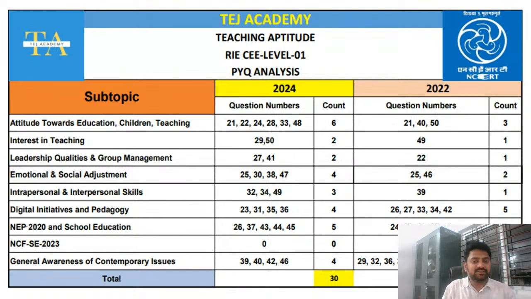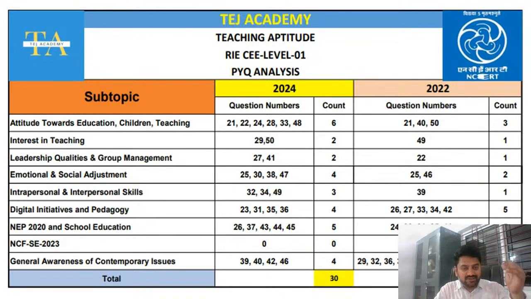You can see on my screen the subtopic list: attitude towards education, children and teaching, interest in teaching, leadership qualities and group management, emotional and social adjustment, intrapersonal and interpersonal skills, digital initiatives and pedagogy, NEP 2020 and school education, NCF school education 2023, and general awareness of contemporary issues.